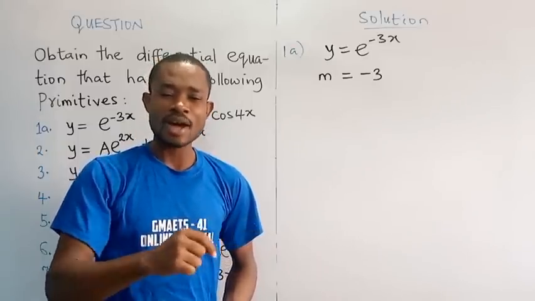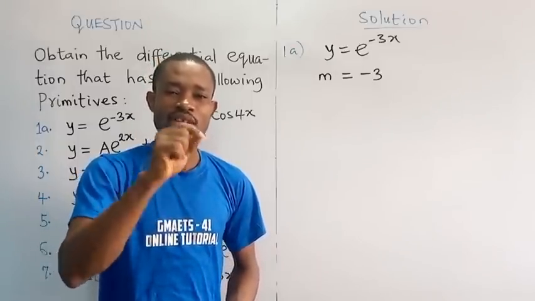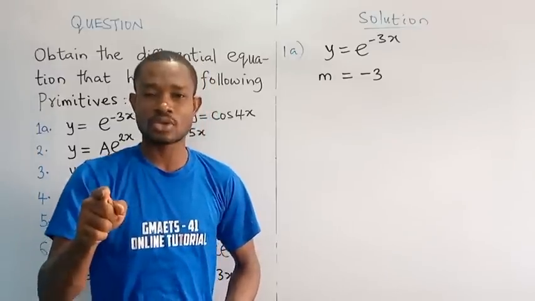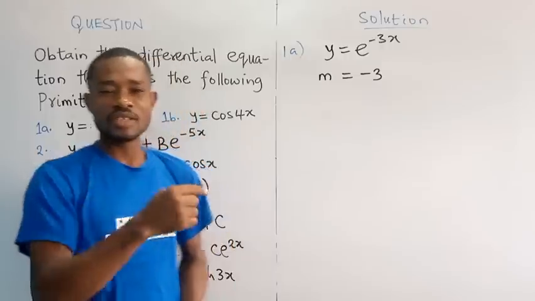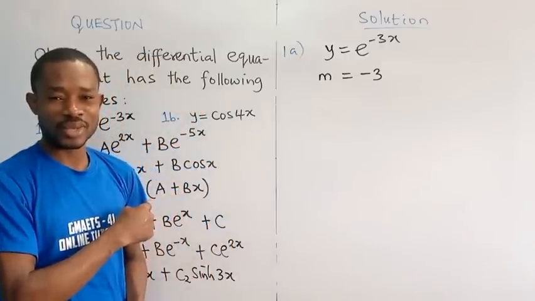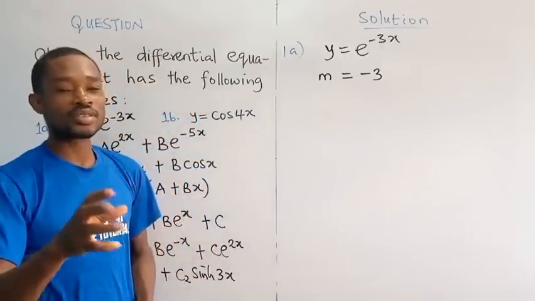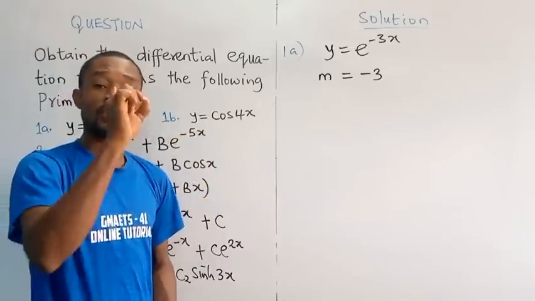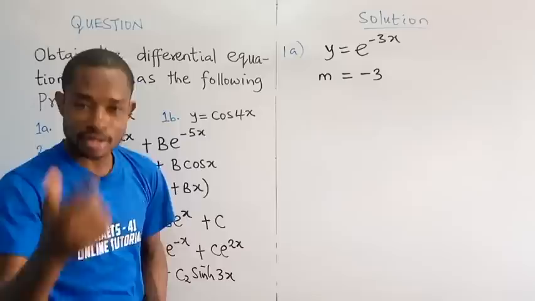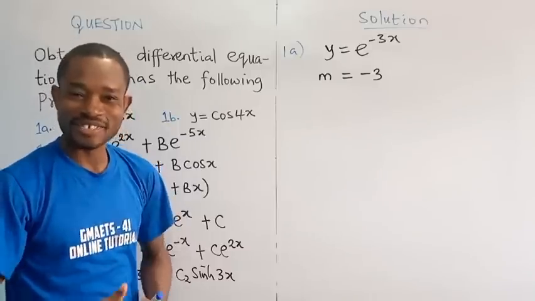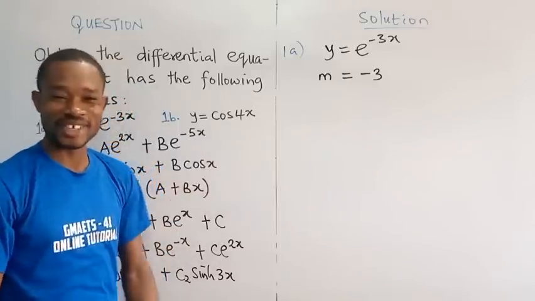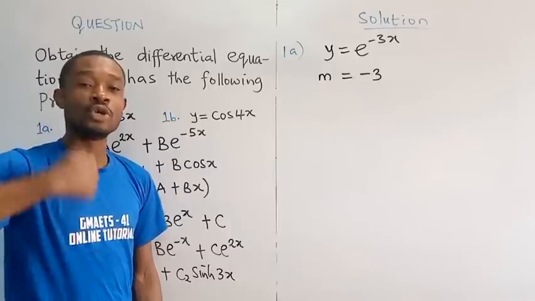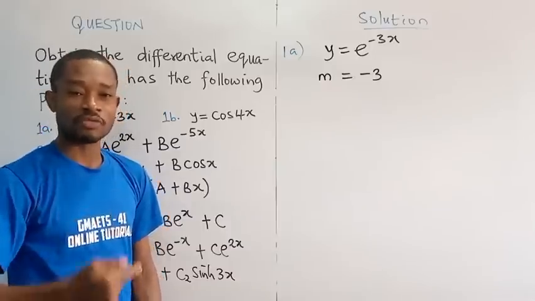Do you still remember how to obtain a given quadratic equation from the roots of that equation? That is the secret I'm using here as a shortcut. There are actually two methods you can use to obtain the differential equation that has a given primitive. But the shortest path is what I'm doing here, using the knowledge of how to get a quadratic equation from a given root.